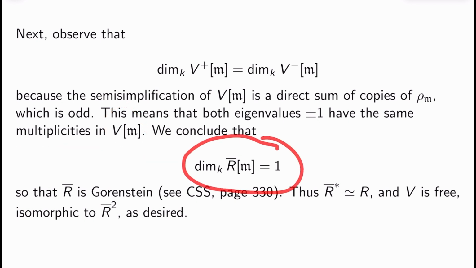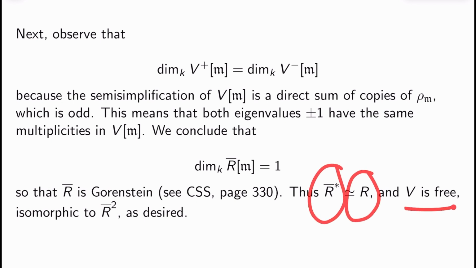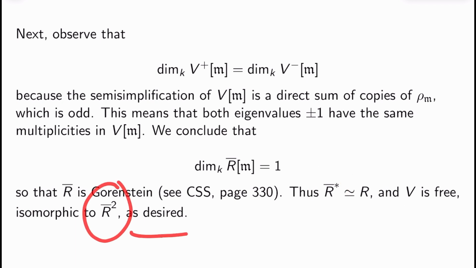You can conclude from this that the k-dimension of R̄[m] must be 1, and so that means that R̄ is Gorenstein. For example, you can see Cornell, Silverman, Stevens, page 330 for more details here. Well, that really just tells you that R̄^* is isomorphic to R̄, and V is free, isomorphic to R̄ squared, as desired, which was step 3.